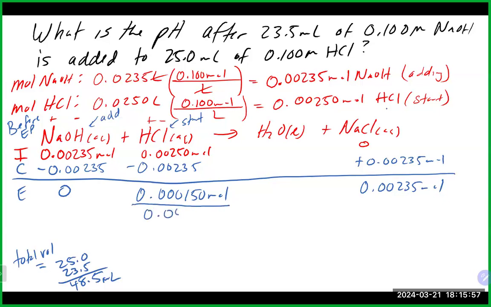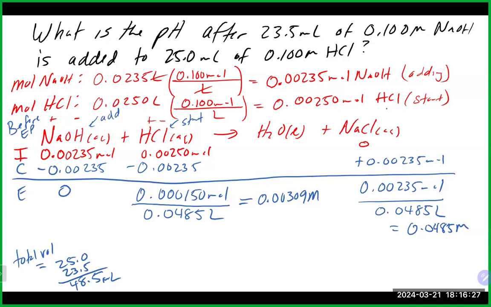Divided by 1,000 gets us 0.0485 liters on each side, right? That's going to get me here 0.00309 molar, and 0.0485 molar. Any questions so far?